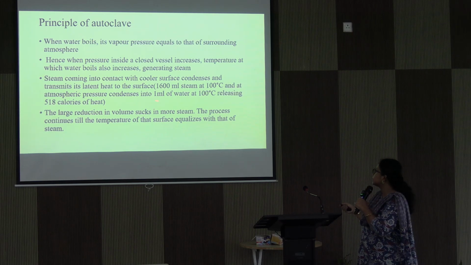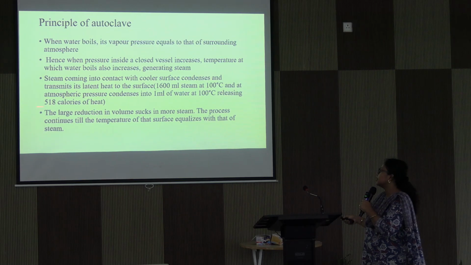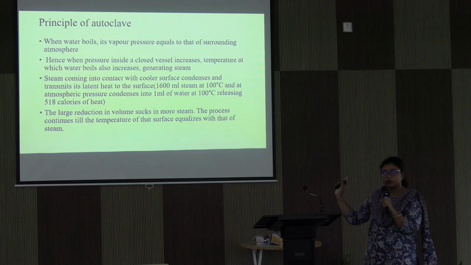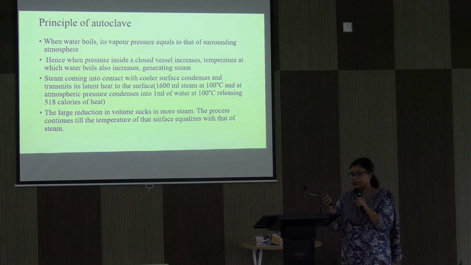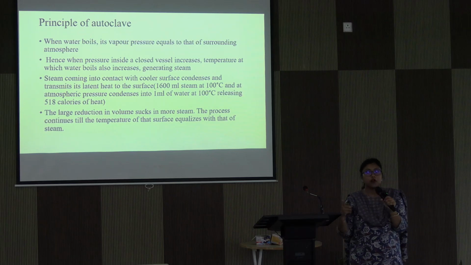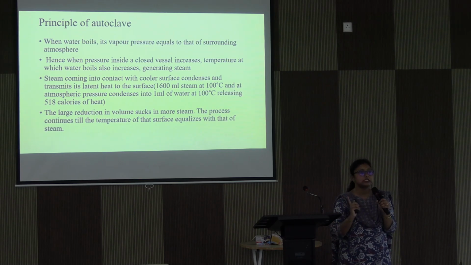What is the heat? 1600 ml of steam condenses into 1 ml of water at 100 degrees Celsius and releases 518 calories of heat. If you just tell that it releases heat, that is okay. In this heat, most of the viable spores are also destroyed. So this is the principle.